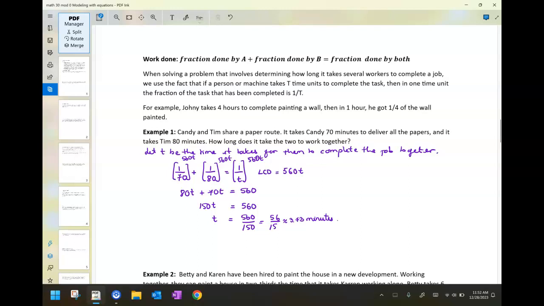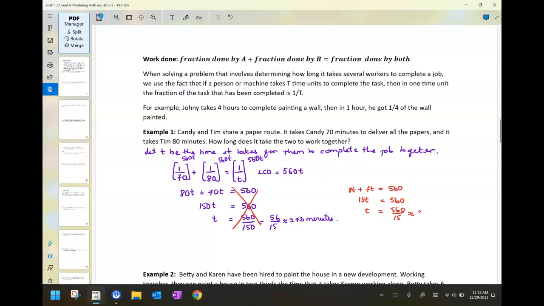The mistake comes in when we make the simplification. 70 goes into 560T 8 times. So this equation needs to say 8T plus 7T equals 560. So 15T equals 560 and T equals 560 divided by 15.